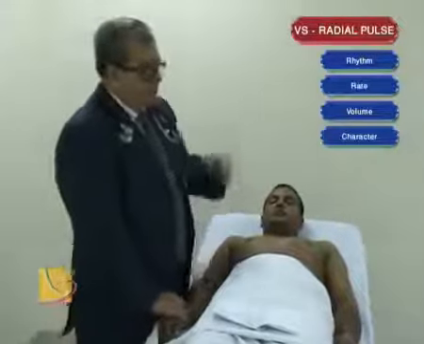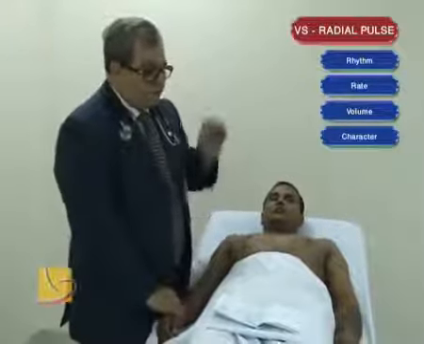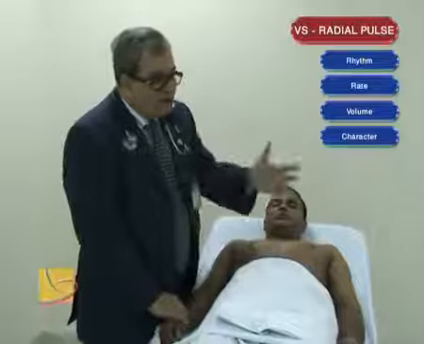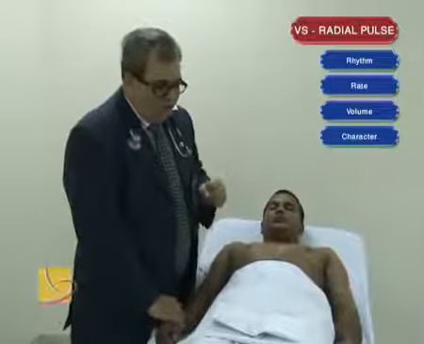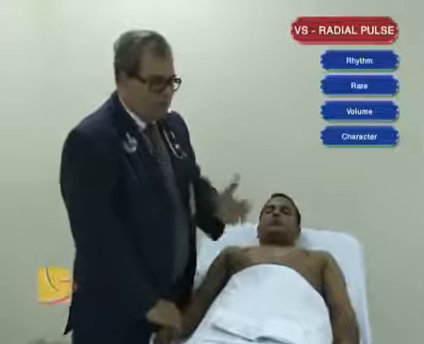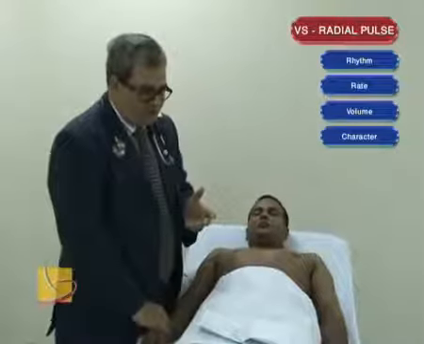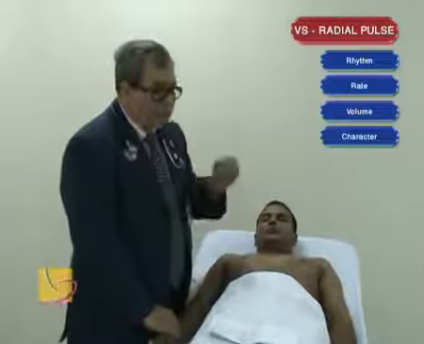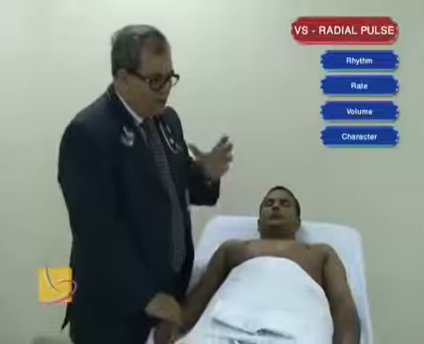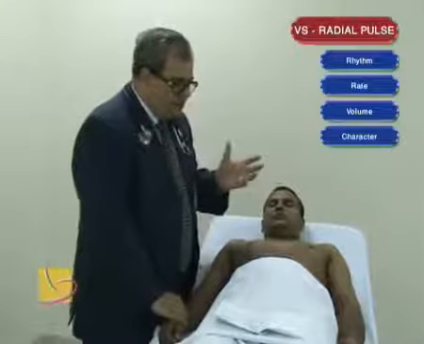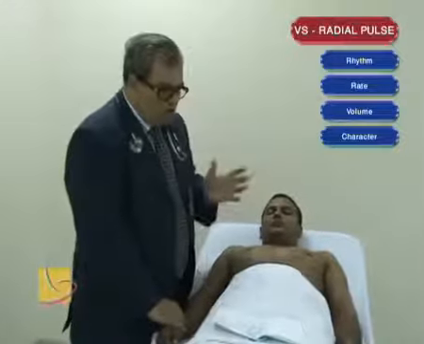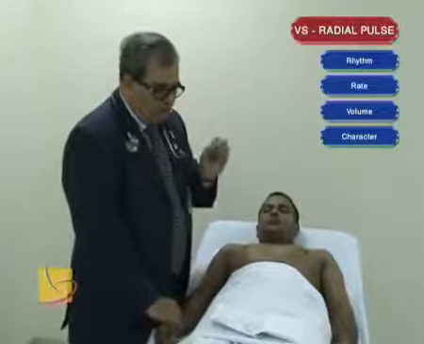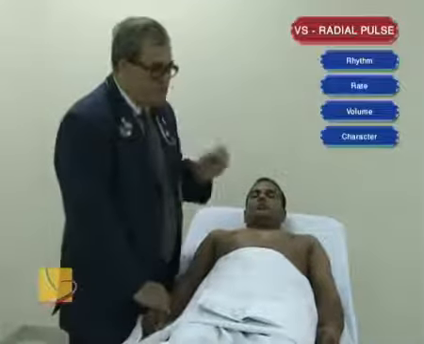Then back to another character which may be related to the rhythm. That is what is called pulsus bigeminus and pulsus trigeminus. Pulsus bigeminus means that you appreciate one impulse which is normal, followed by another impulse which is weak.